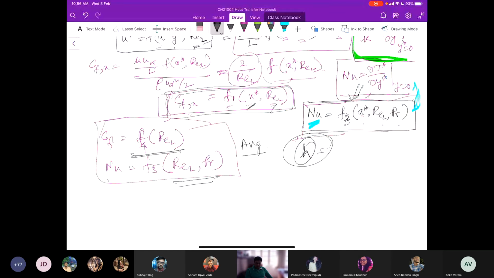You'll see in future that people will write Nusselt number in various forms: Reynolds number to the power m and Prandtl number to the power n. A simple power law function that corroborates well with our theoretical understanding.